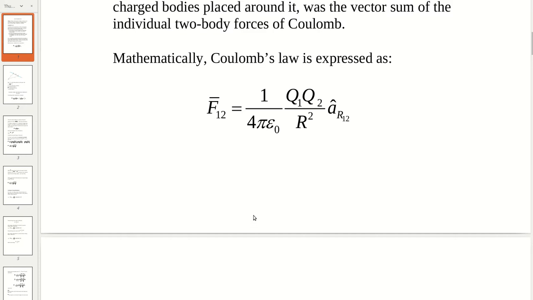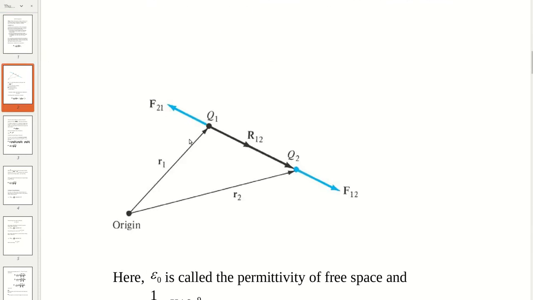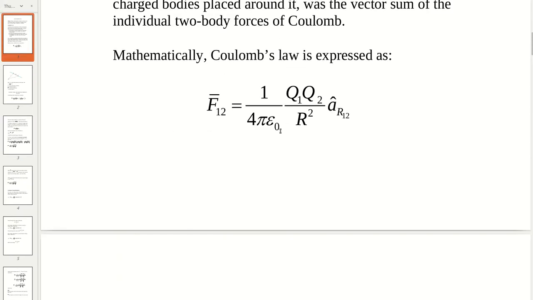So this is the force. It is inversely proportional to R squared, the distance between both of them, and proportional to Q1 and Q2, and this is the direction from 1 to 2, and this is just epsilon 0 multiplied by the number 4 pi. This is just a constant.